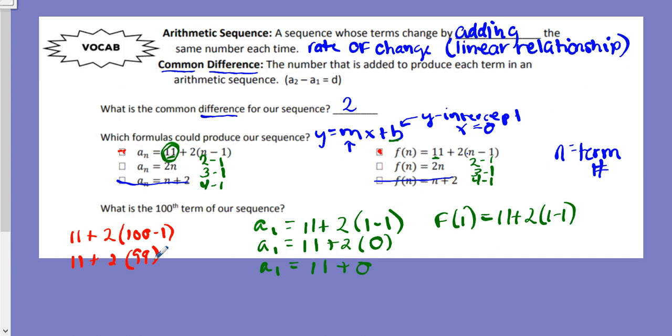So 2 times 99 is 198 plus 11 equals 207. Did I do that right? Let's see. 200, and I'm sorry, 209.